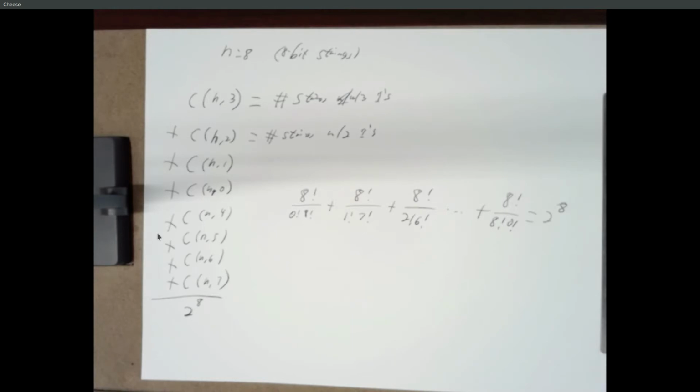Well, C of n3 is the number of strings containing 3 ones. What would be a formula for the number of strings containing 3 zeros if I had made that my initial question? How many 8-bit strings contain 3 zeros?